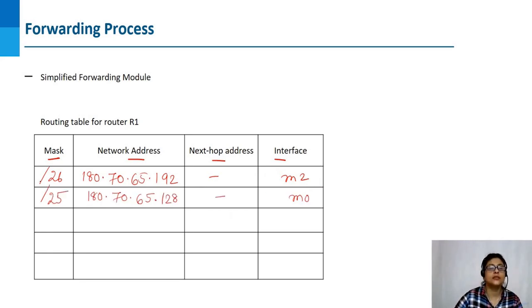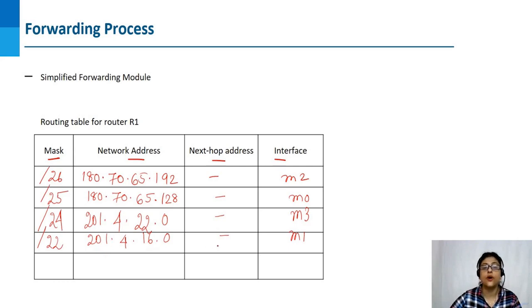Next, the mask is /25, and the network address is 180.70.65.128, and the next hop address field will be blank, and the interface is M0. After that, we have /24 with the network address 201.4.22.0. Next hop address field is blank, and interface is M3. Next is /22 with a network address of 201.4.16.0, and interface is M1.